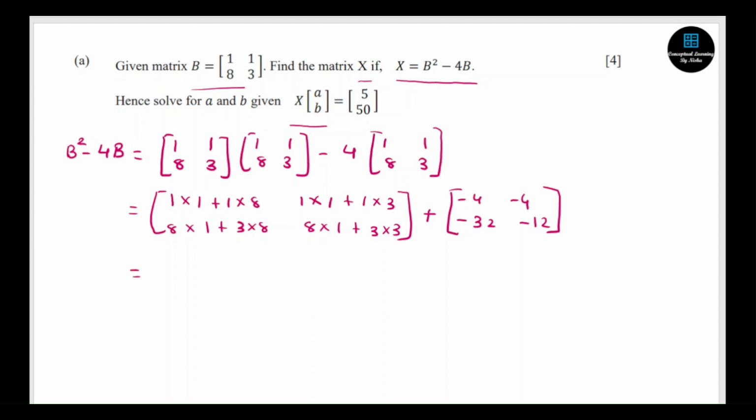Alright. Now let's simplify. So what do we get? Here 8 plus 1, so I'll get 9. Here it is 1 plus 3, so I'll get 4. This is 8 plus 24, so 32, and 8 plus 9, so I'll get 17.